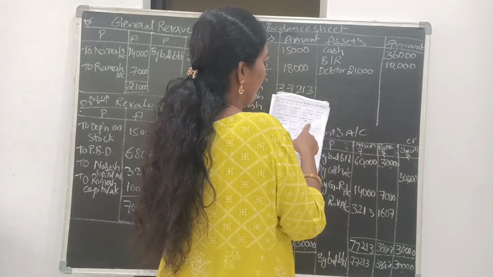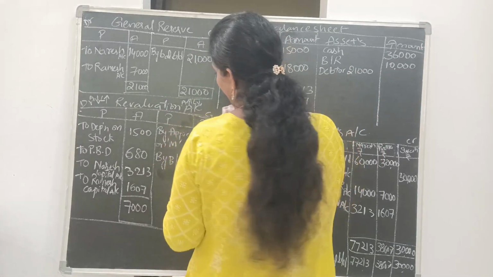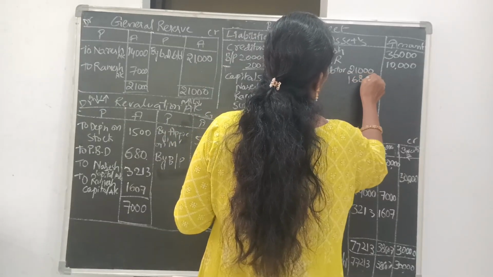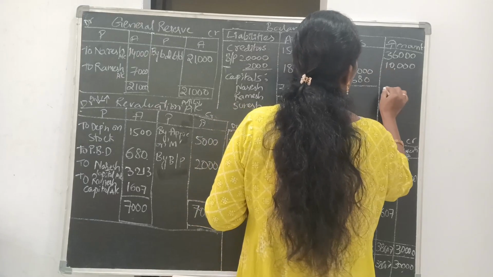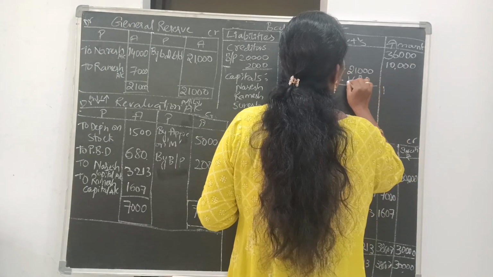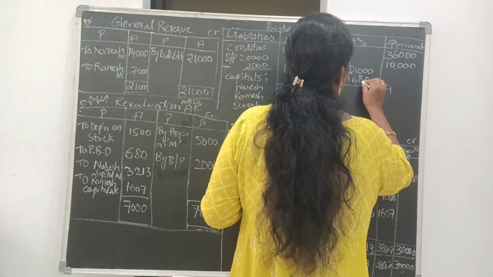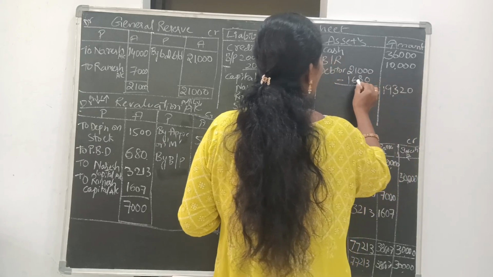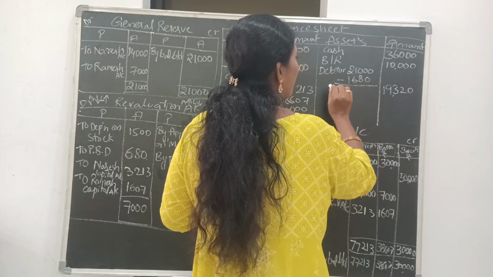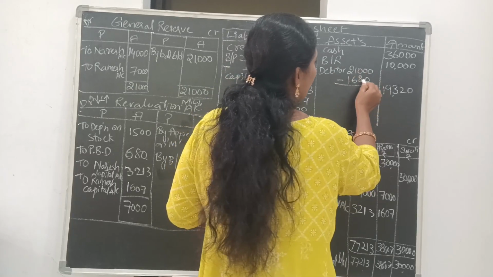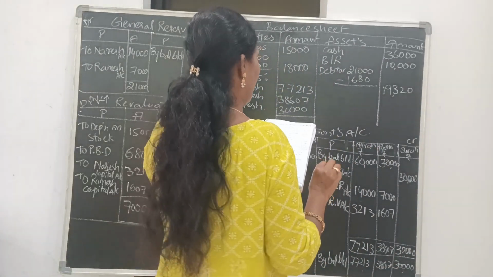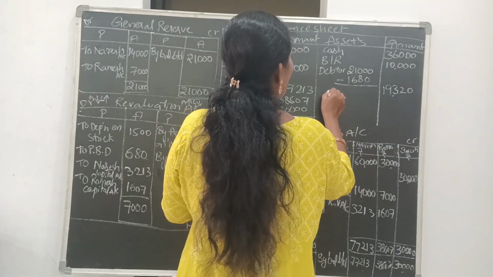Here they deducted 1,000, add 680 also, total 1,680. So you will get 19,320, which is the debtors.